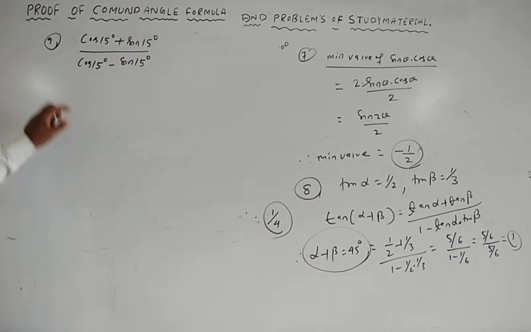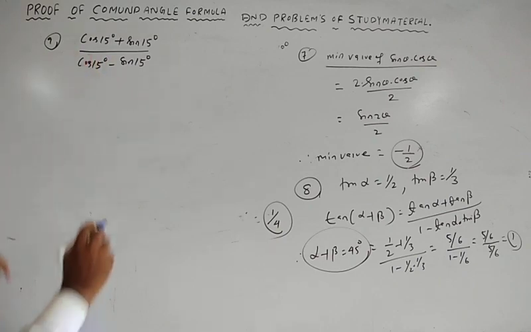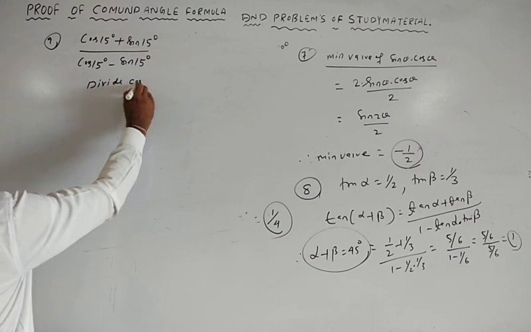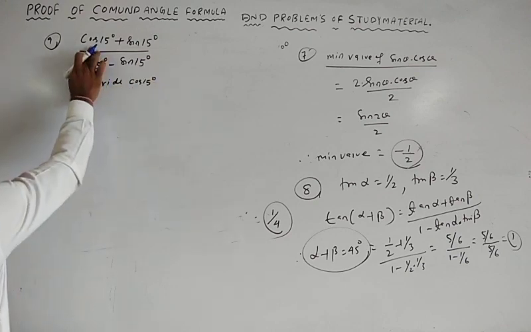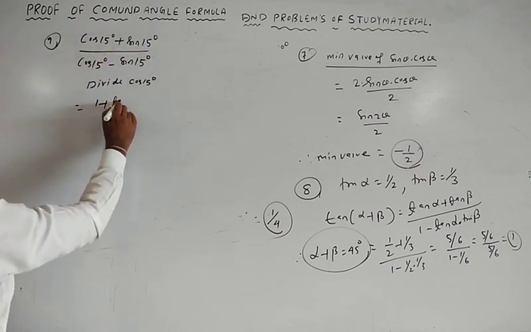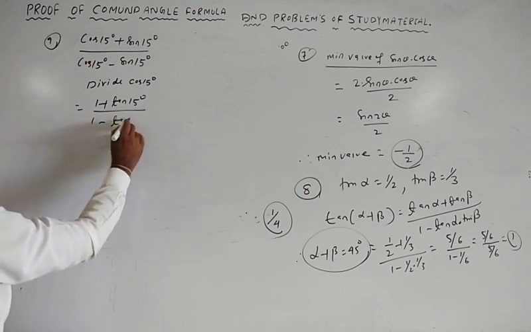Here, what do we do in order to get a formula? We divide by cos 15 degree. Cos 15 by cos 15 is 1, sin 15 by cos 15 is tan. So 1 plus tan 15 degree by 1 minus tan 15 degree.